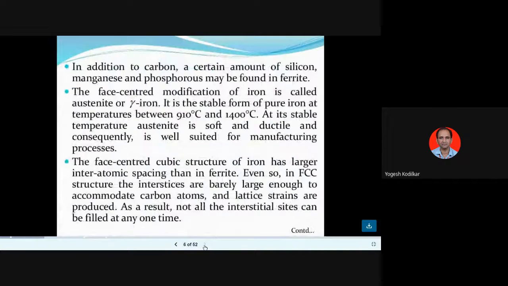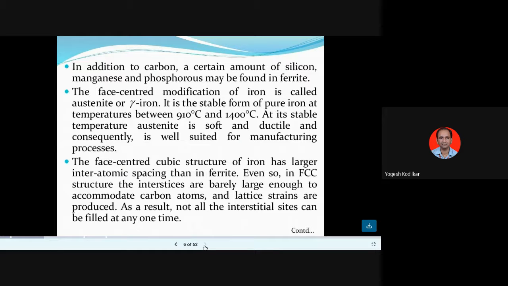This gamma austenite, or gamma iron, is a stable form of pure iron at temperatures between 910 and 1400 degrees Celsius. In this stable temperature range austenite is soft and ductile and consequently is well suited for manufacturing processes.